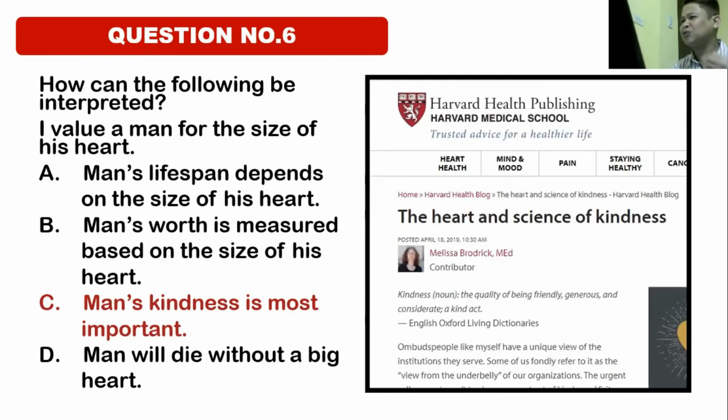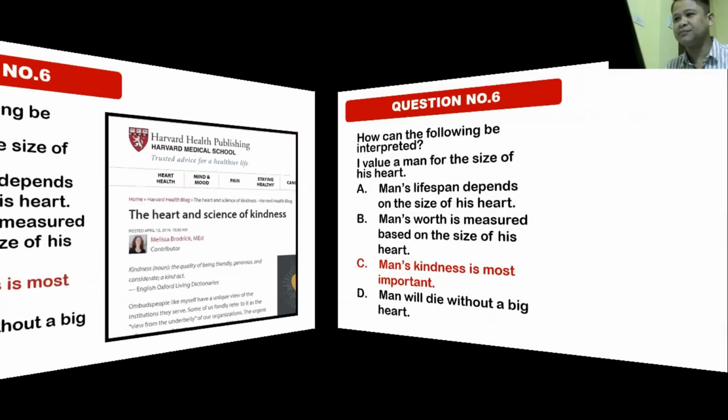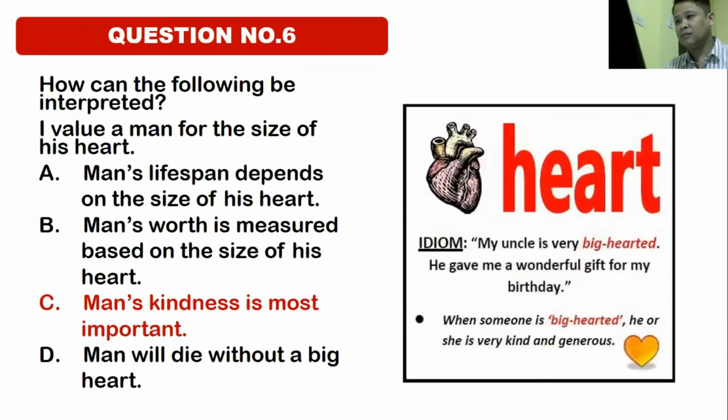Yes, the human heart and the value of kindness are always related. They always go together. There are idioms related to this, right? Big-hearted, big heart. My uncle is very big-hearted. He gave me a wonderful gift for my birthday.